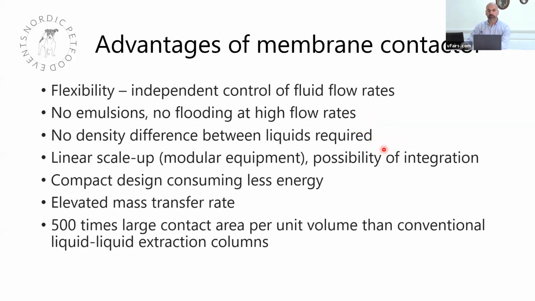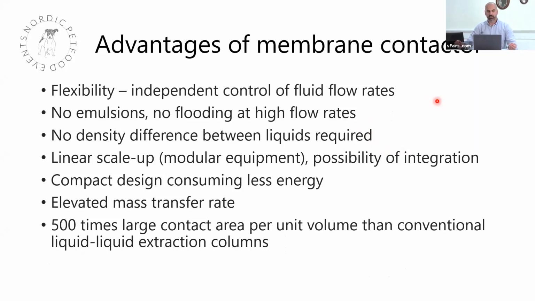Advantages of the membrane contactors are also flexibility and independent control of fluid flow rates, no emulsions, no flooding at high flow rates. It doesn't require density difference between liquids.